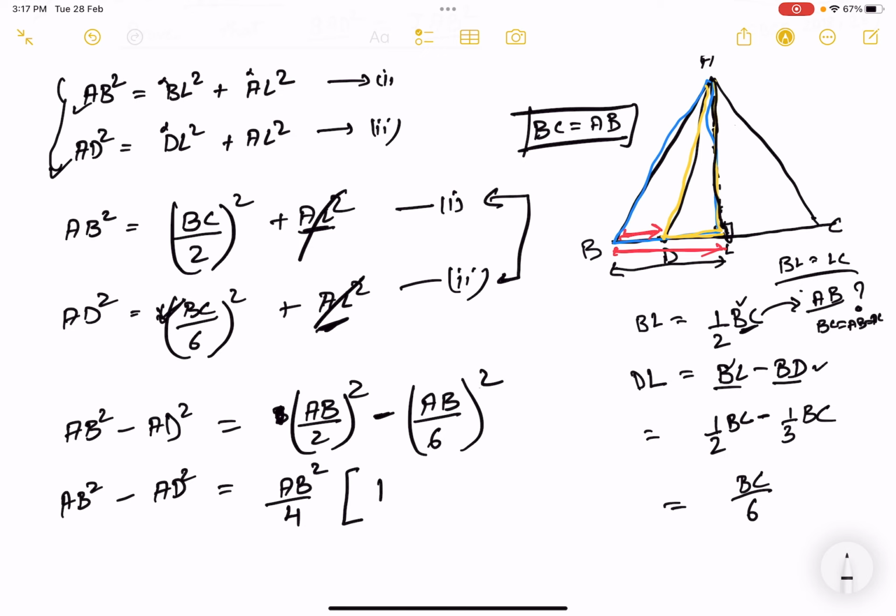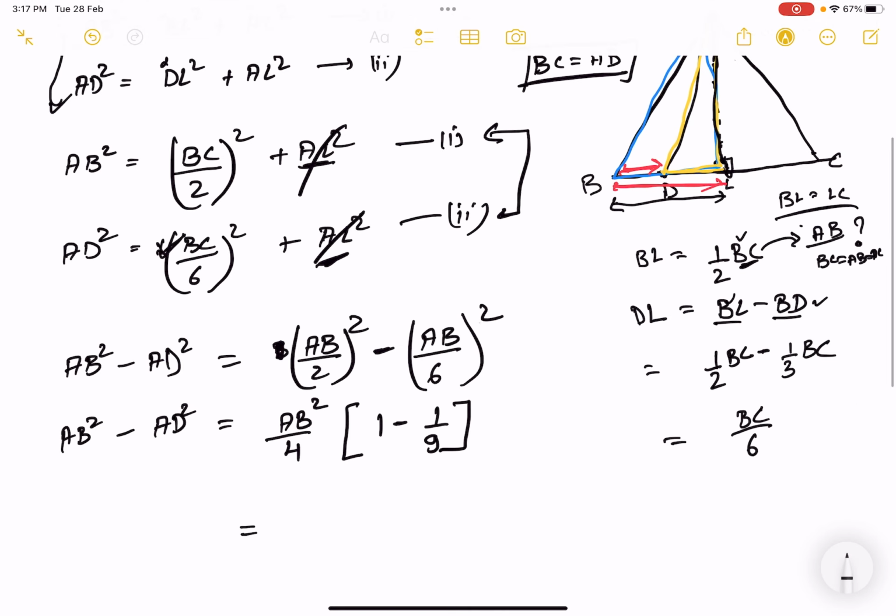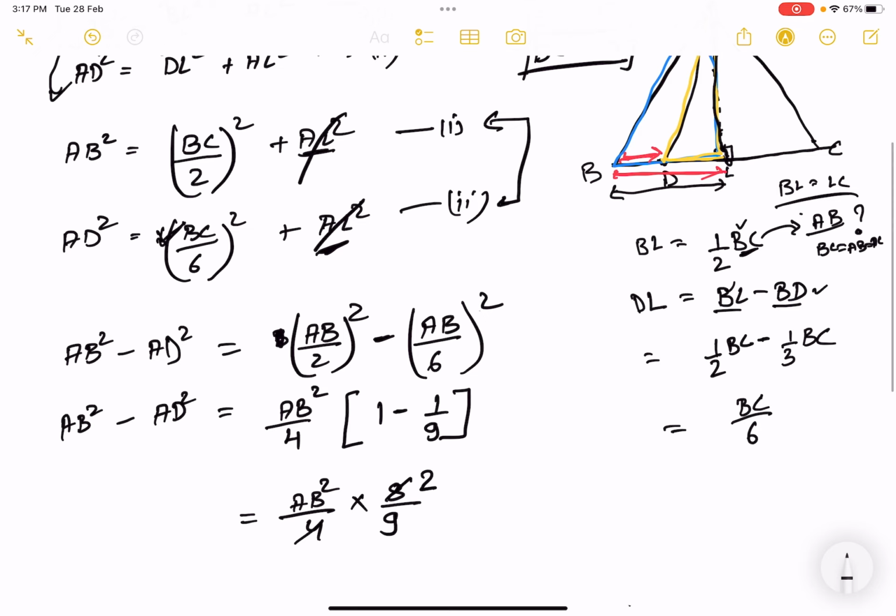then we are left with 1 minus 1 upon 9. If we solve this, we'll have AB square upon 4 into, on the upper side, 8 upon 9. So this gets cancelled.